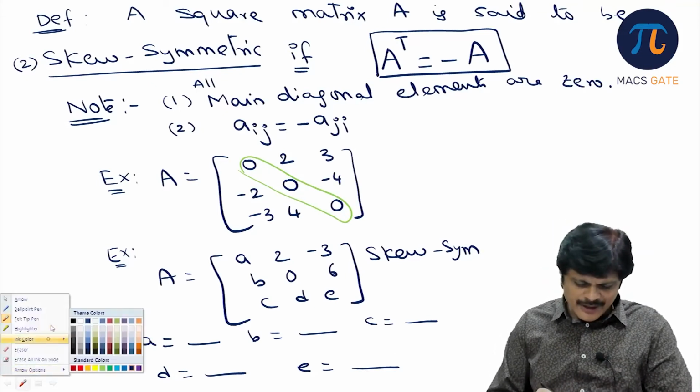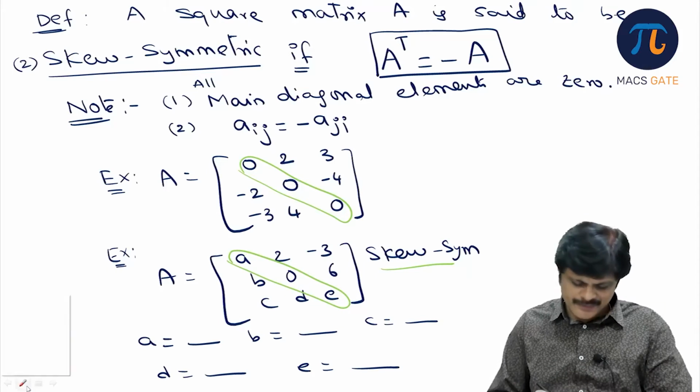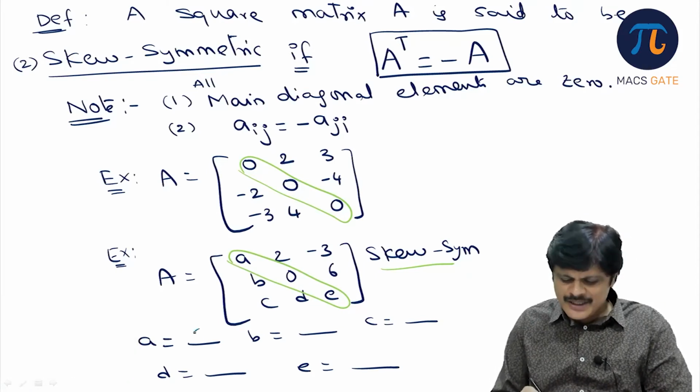First thing: if it is skew symmetric, main diagonals must be 0. So what is A? 0. What is E? Also 0.